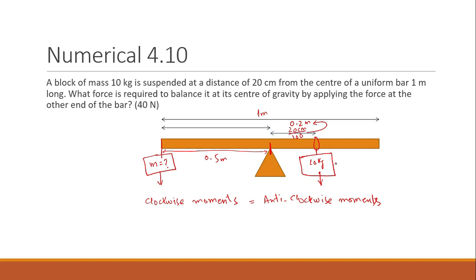First we convert this mass into force. So the downward force acting at this point is F equals 10 kg multiplied by the value of gravitational acceleration, which gives 100 Newton. F equals m into g. Now we have to find the force here.